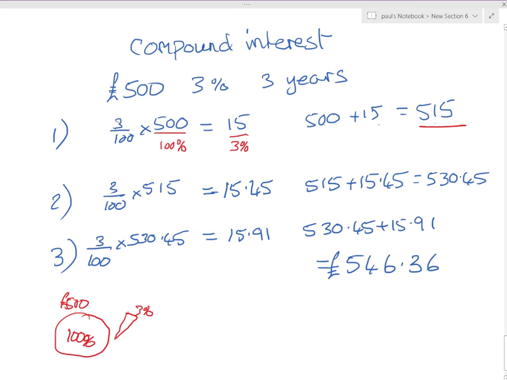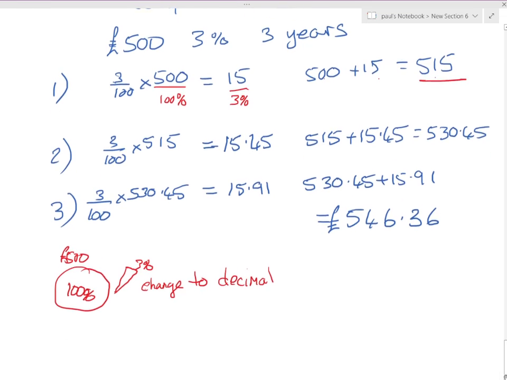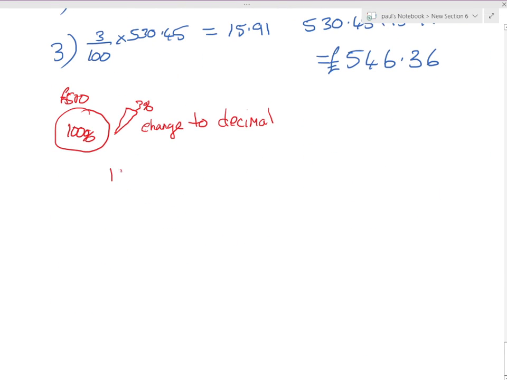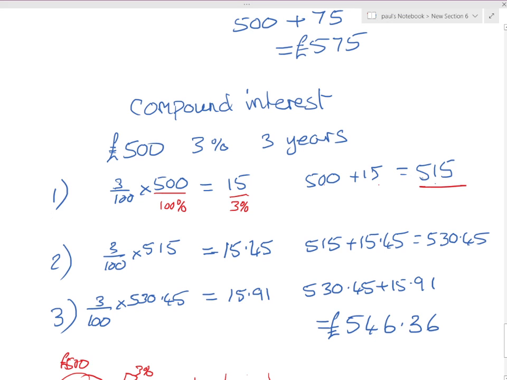So how can we change that to a decimal? So 103%. Remember, changing 103% to a decimal, we divide by 100. So that will be 1.03. So if we take our original £500 and multiply it by 1.03, we will get that number 515.